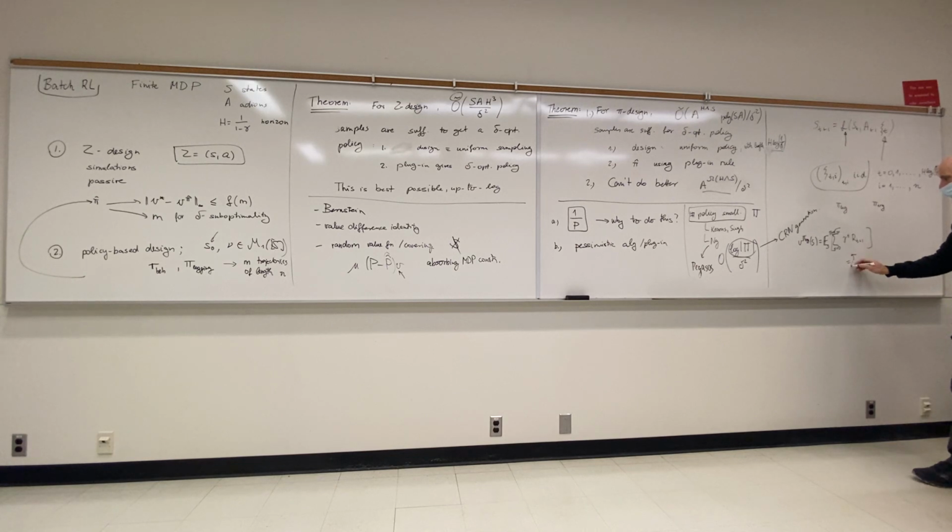And you can rewrite this by taking the ratio of the marginals, so here I want to change to the measure that is generated under the logging policy.